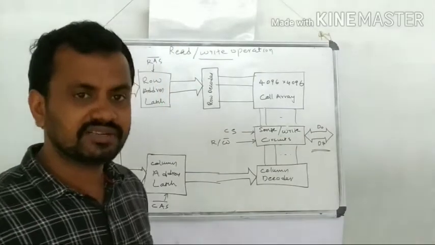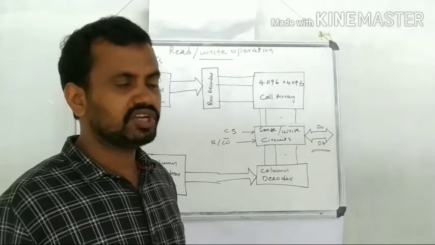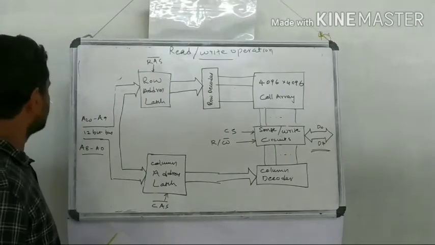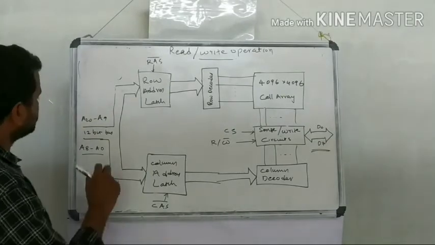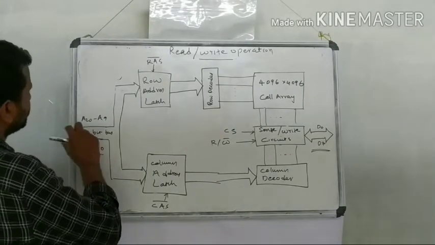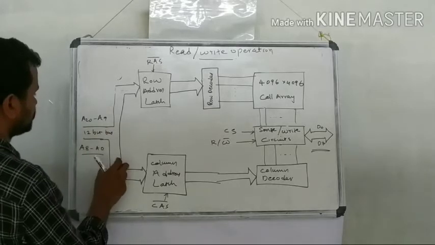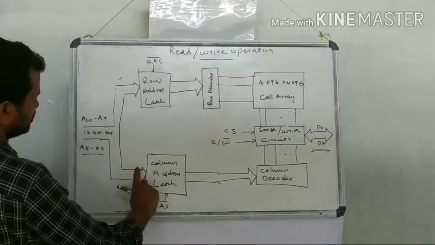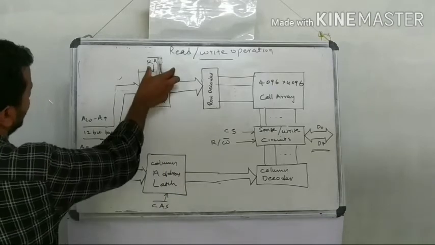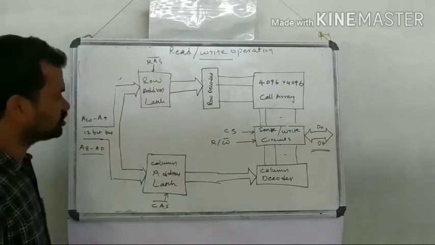Next we can consider the read and write operation in the case of our memory. First, we will apply the row address through our multiplexed bus. That address will reach both latches, but we will activate the row address stop.